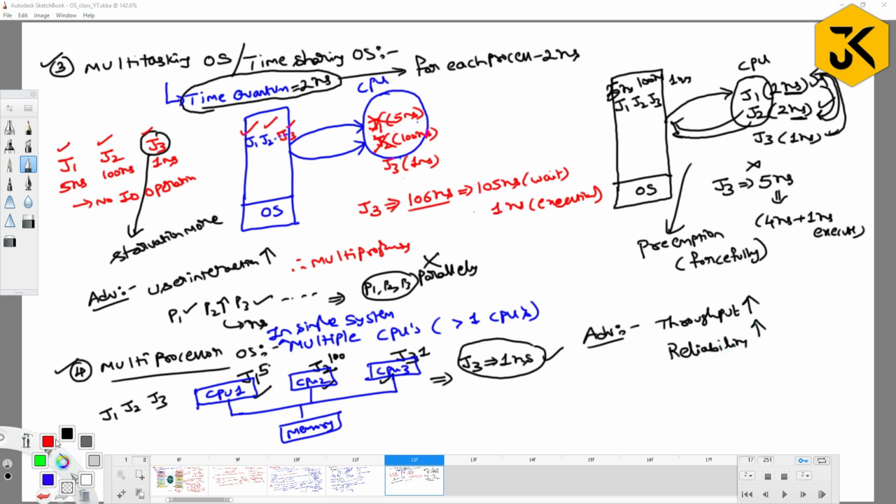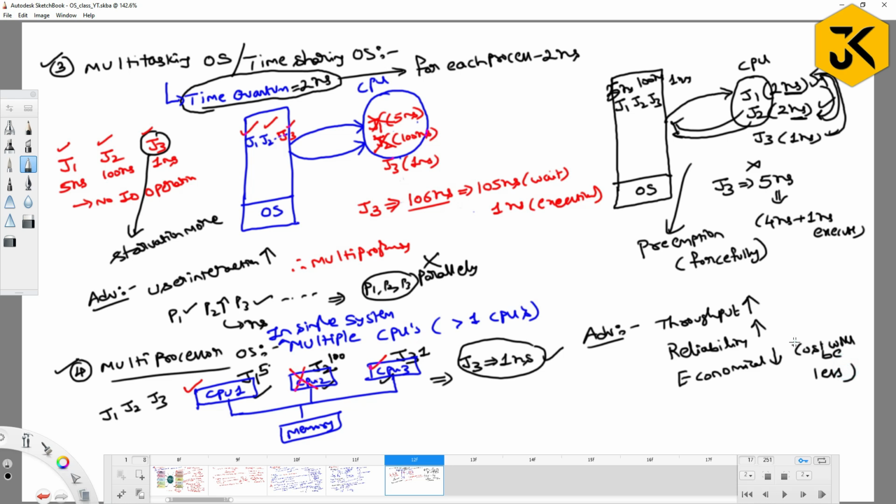Suppose, for example, J2 failed, the task of CPU2 which has to be done for J2 will be handed over to either CPU1 or CPU3. So is the reliability increasing or not? Yes. And one more thing, it is economical, meaning that cost will be less, guys.